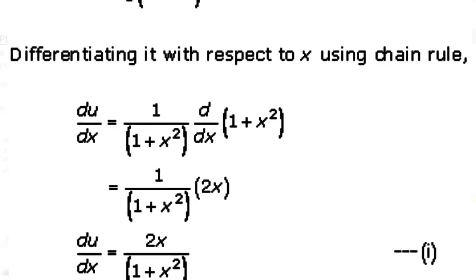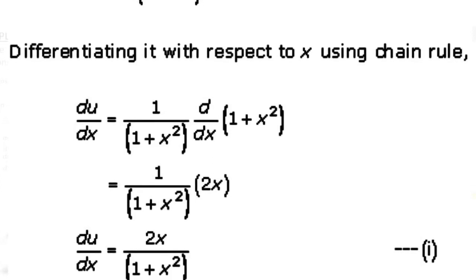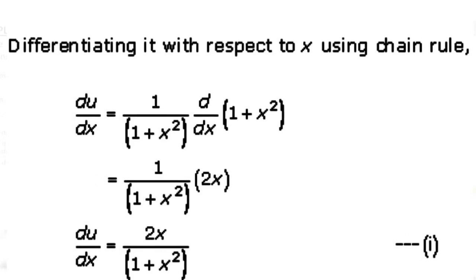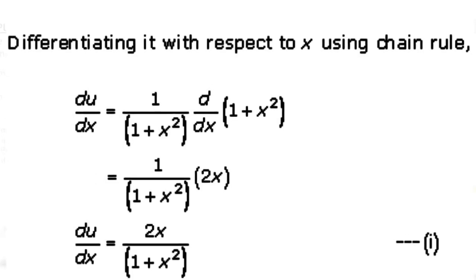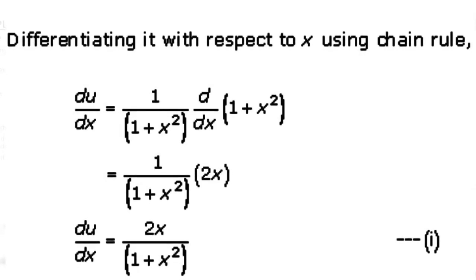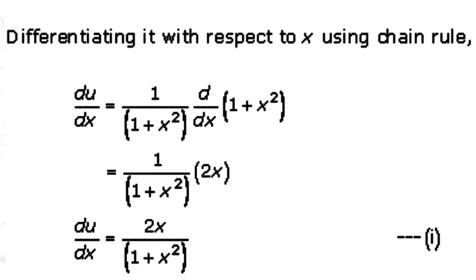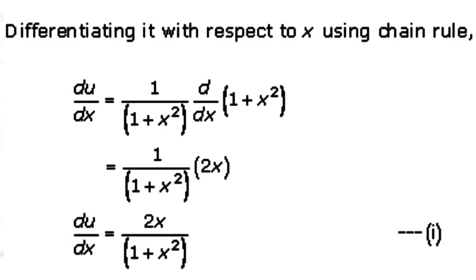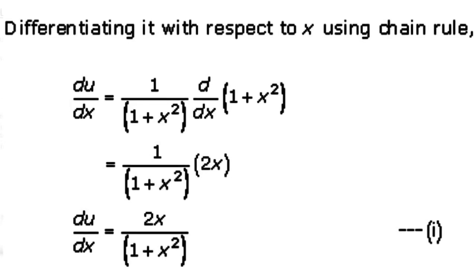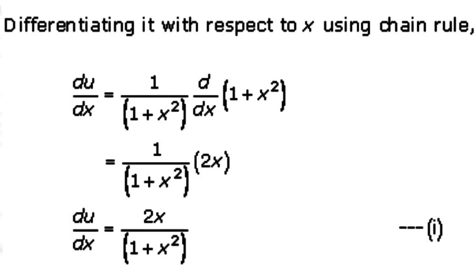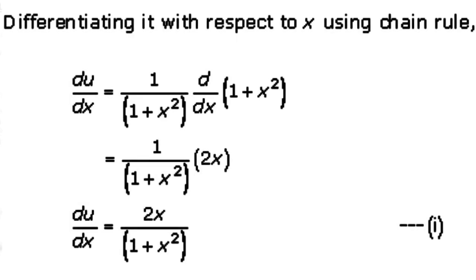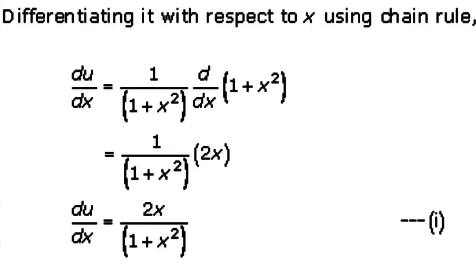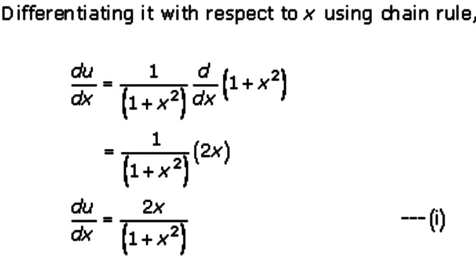In the next step, we have to find the derivative of 1 plus x square. So, the derivative of 1 is 0 and the derivative of x square will be 2x. So, we will get 1 upon 1 plus x square into 2x. Therefore, du upon dx equals 2x upon 1 plus x square, which is equation number 1.